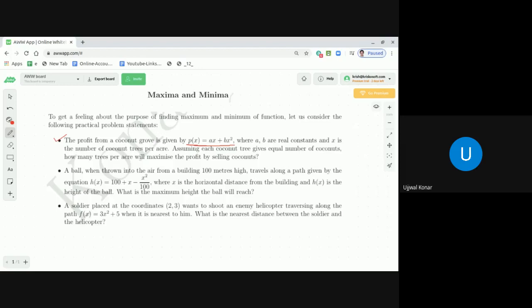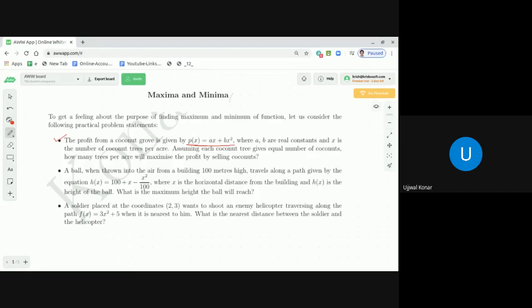That means per acre, if x is the number of coconut trees, then the profit is defined by ax plus bx square, where a and b are real numbers. Assuming each coconut tree gives an equal number of coconuts, how many trees per acre will maximize the profit by selling coconuts? That is one kind of example where maxima and minima can help us find the answer.